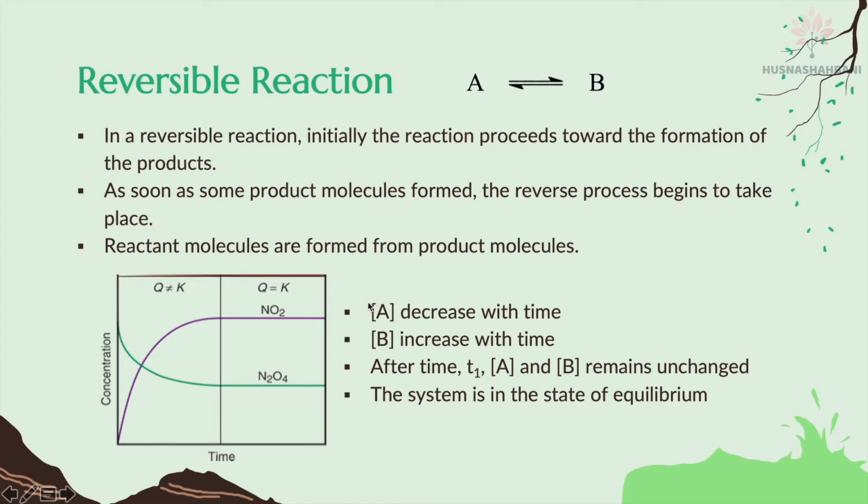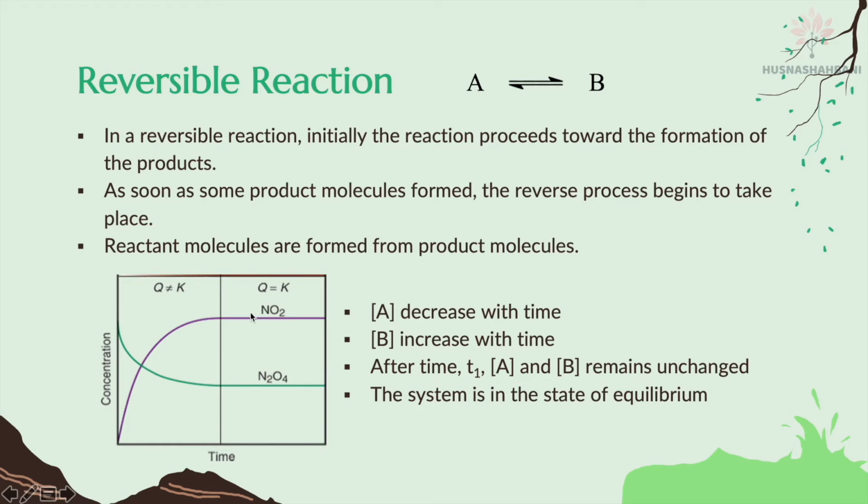As the reaction takes place, the concentration of reactant decreases with time and the concentration of the product increases with time. After a particular time t1 here, for example, the concentration of A and the concentration of B remain unchanged.